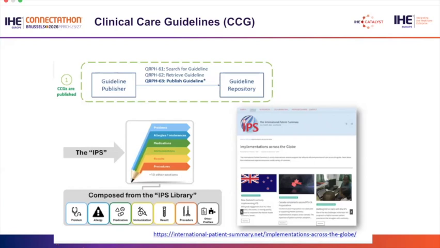But the IPS does provide common concepts, things like laboratory results and allergies and meds and problems, et cetera, that are all key to establishing a clinical guideline. So you do have the option to define your own data model within volume 4.